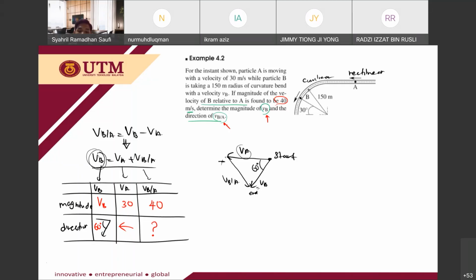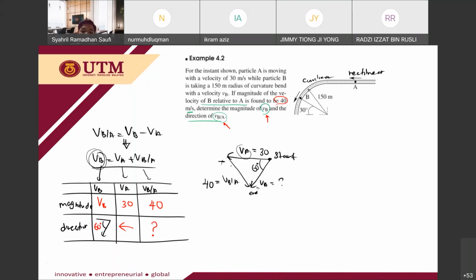You have this kind of triangle, where here is 40, VA here is 30, and VB is unknown.